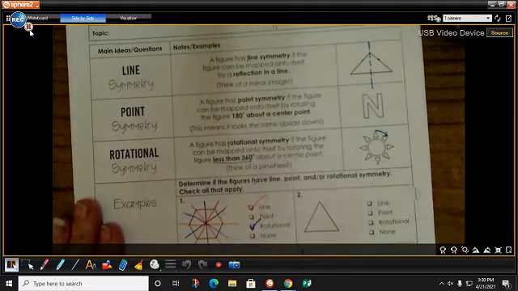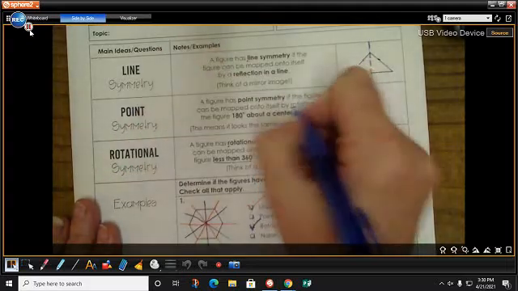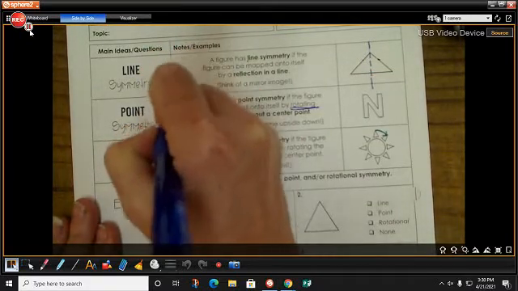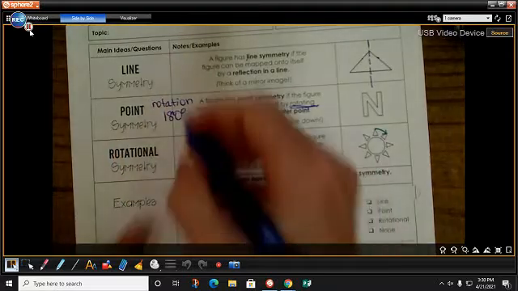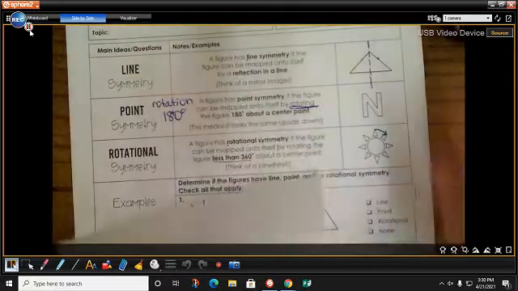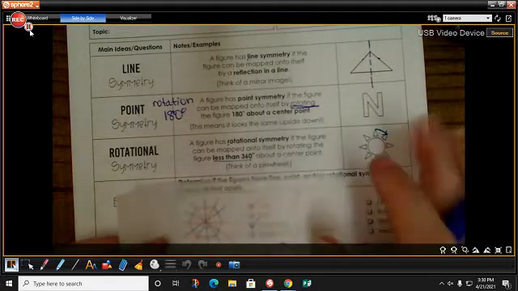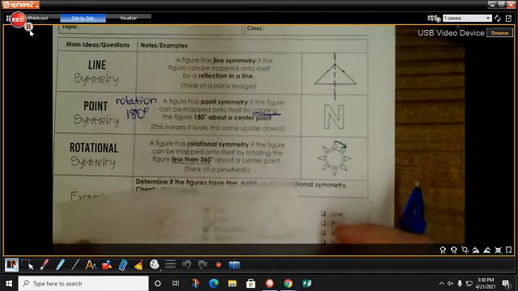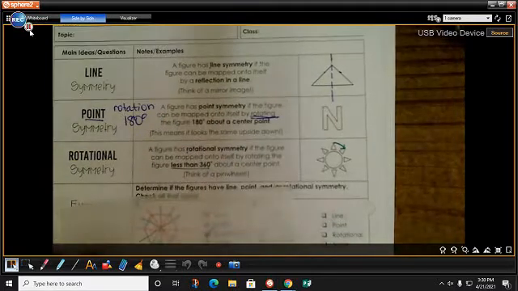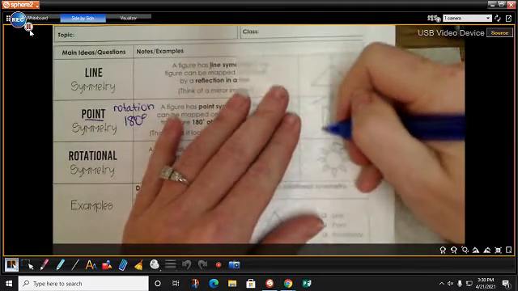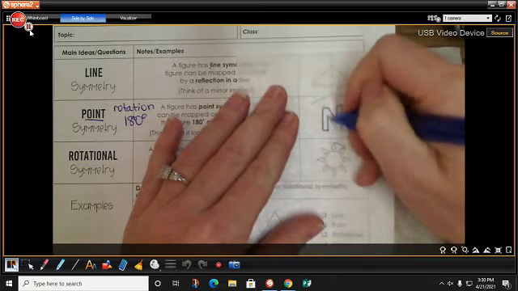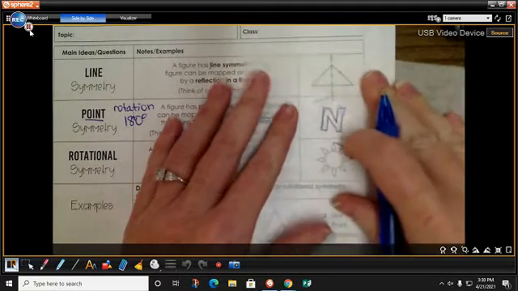Point symmetry is a special kind of rotational symmetry. This is rotational symmetry of 180 degrees. And remember, 180 degrees is half a circle. So if you can rotate something halfway around the circle and it matches up with itself, that's going to be point symmetry. So on here, if I take this letter N, I'm going to trace it out, and I start to rotate it.